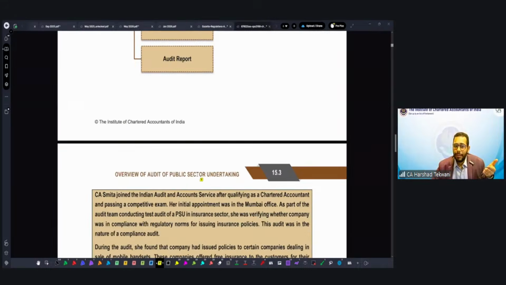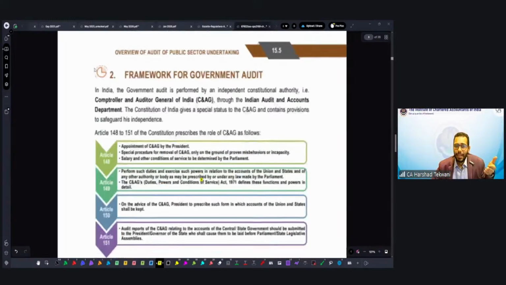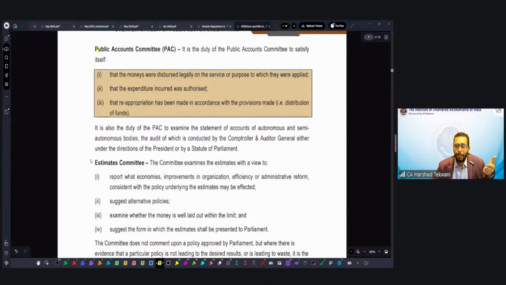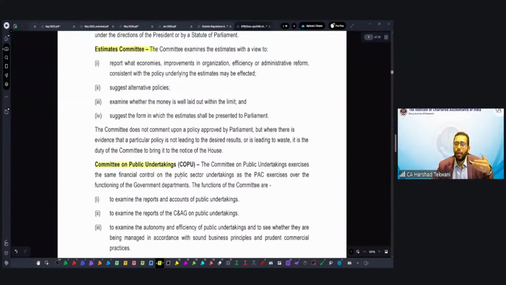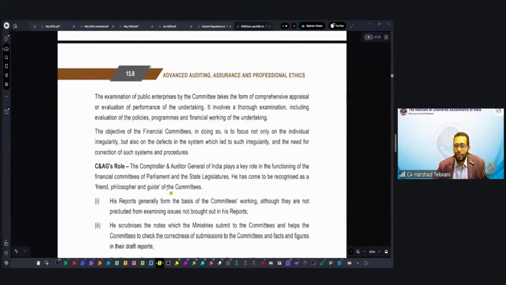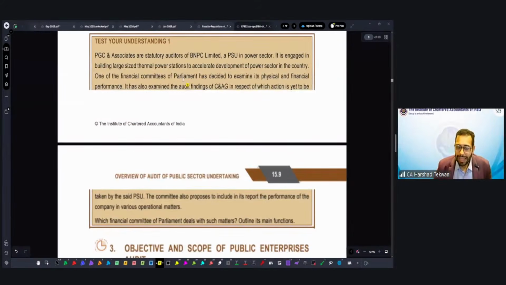We understood these committees: the Public Accounts Committee, the Estimates Committee, and the Committee on Public Undertakings. We have seen their report also, so that you can understand their actual work on the ground. We understood the CAG's role, we understood the regulations, and this is the entire overview of the audit of public sector undertakings, with the questions that we took.